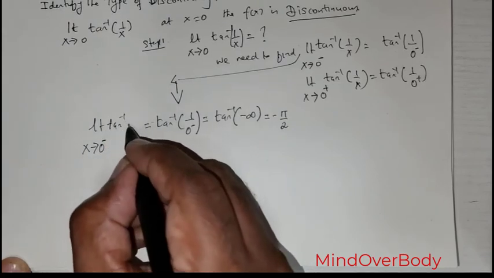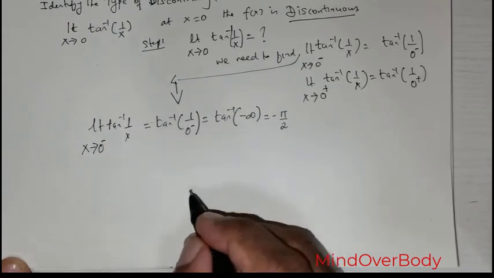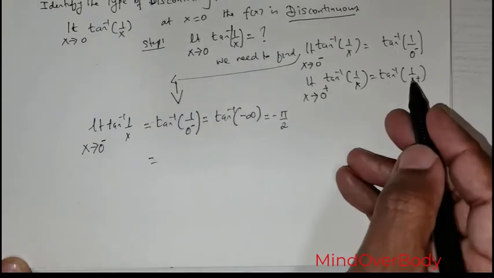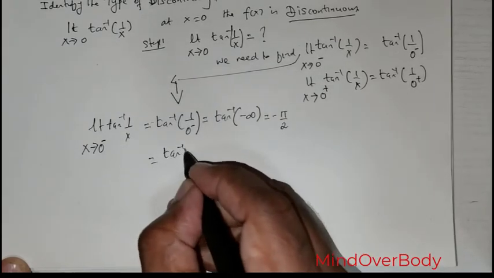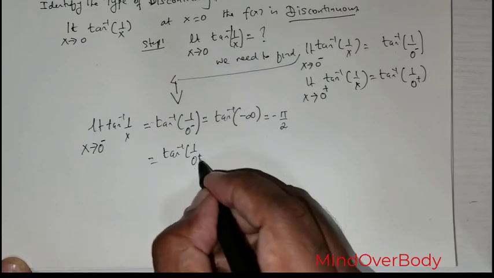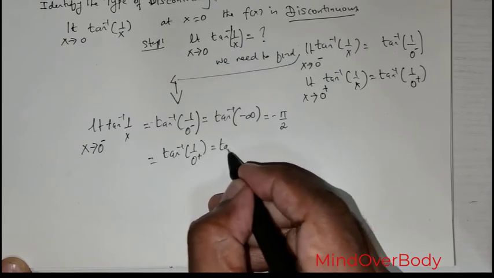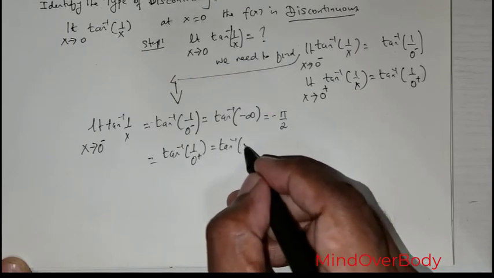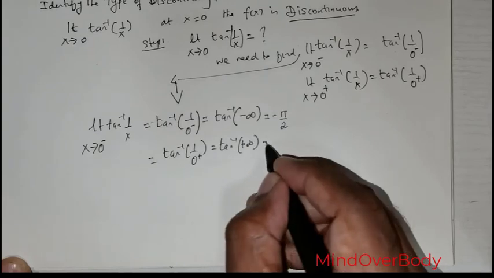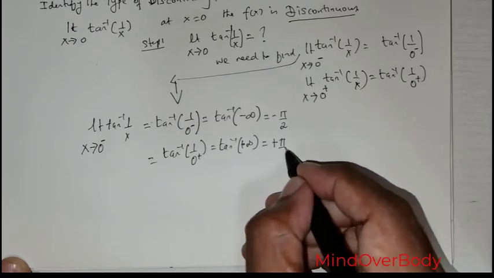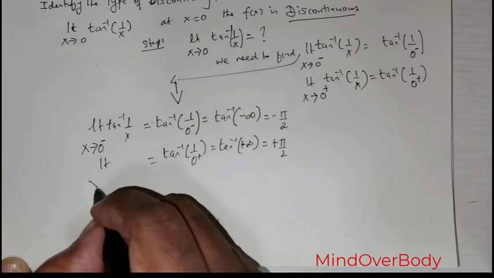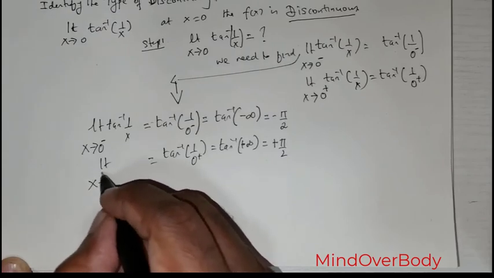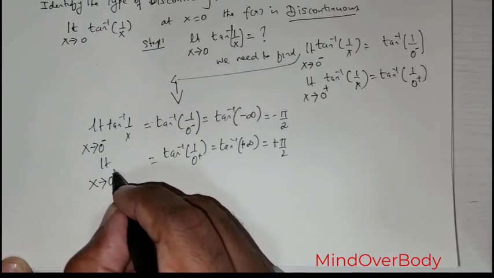Now similarly, this is tan inverse of 1 over 0 plus, which is tan inverse of positive infinity, which is going to be positive pi over 2. This is when x approaches 0 from the positive side.